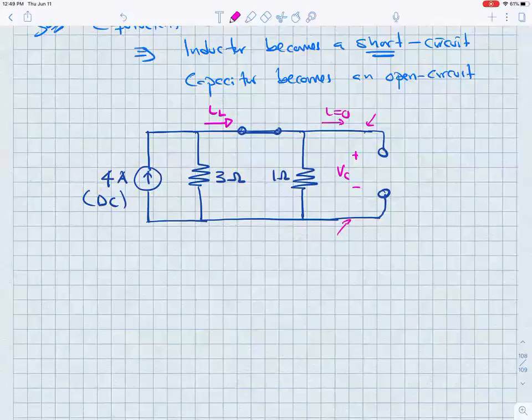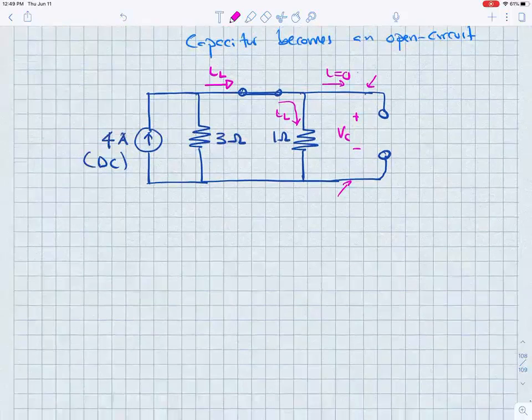And what is IL? Because no current is flowing through here, the current which is going to go through this resistor is also equal to IL. So IL is the current which is flowing through the 1 ohm resistor.